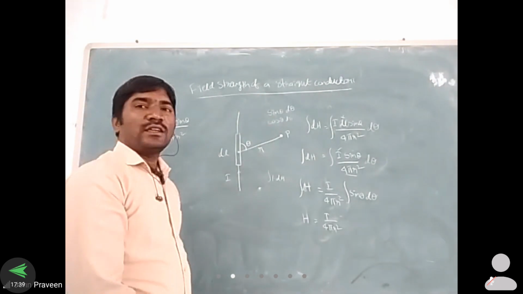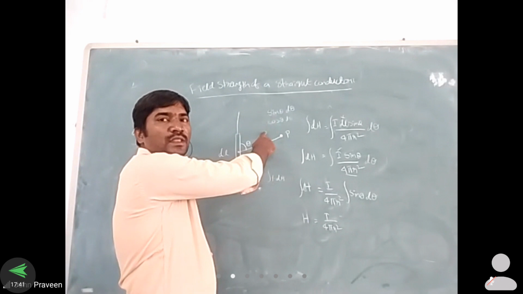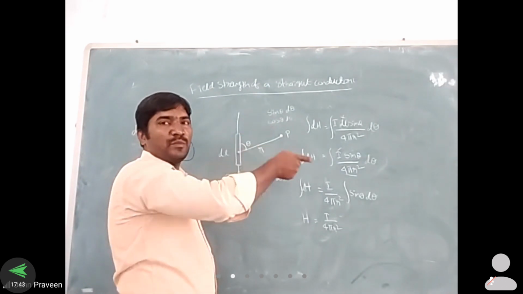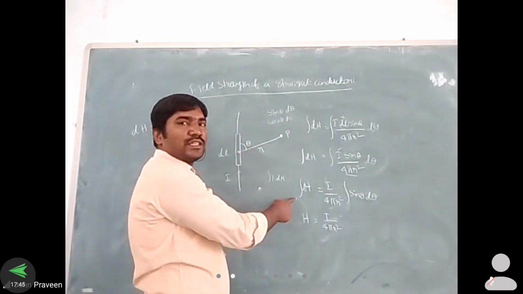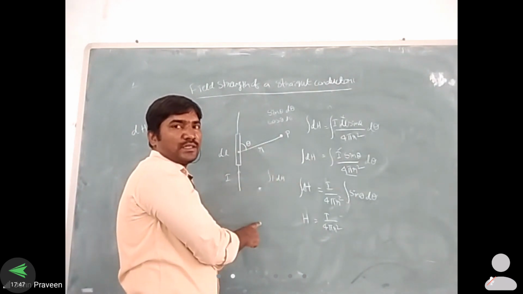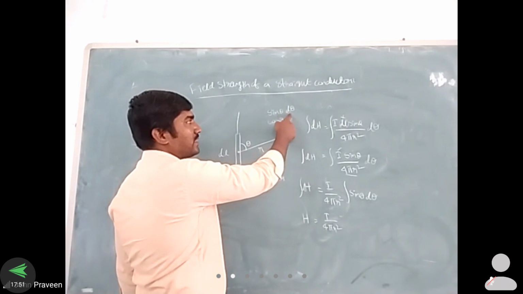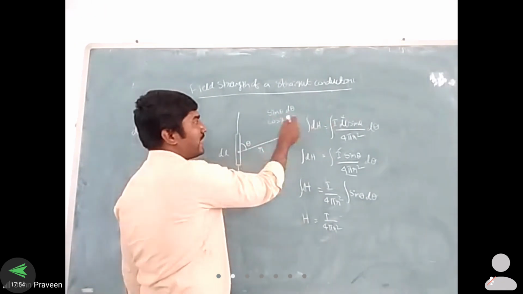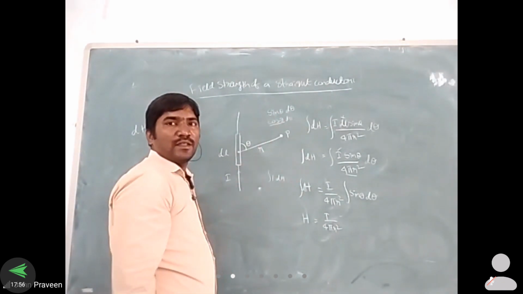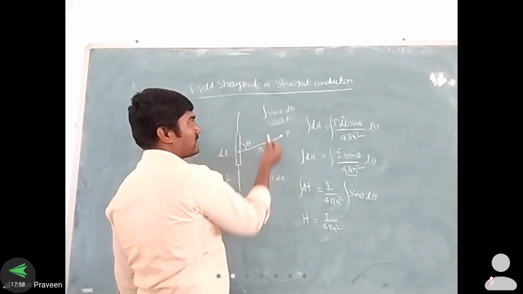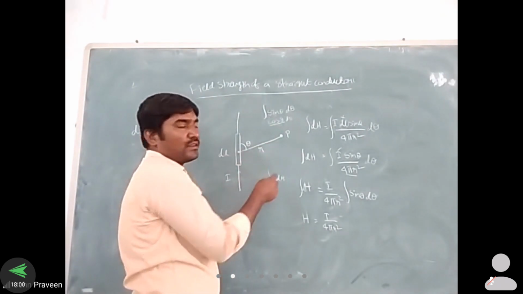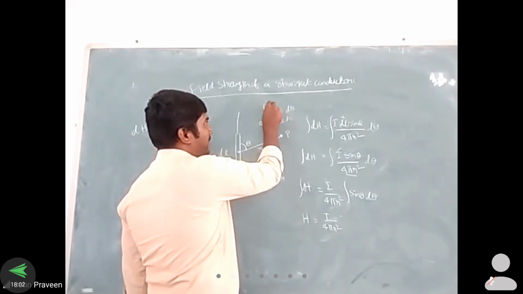Integration is different: in differentiation there is no limit, but in integration there is a limit. For example, the integral of sin theta d theta, if there is no limit, we directly get cos theta. But if we apply the integral, we have a limit, for example 0 to pi degrees.